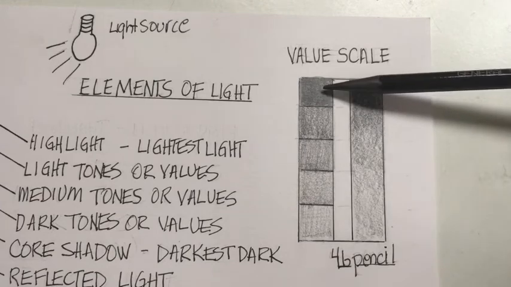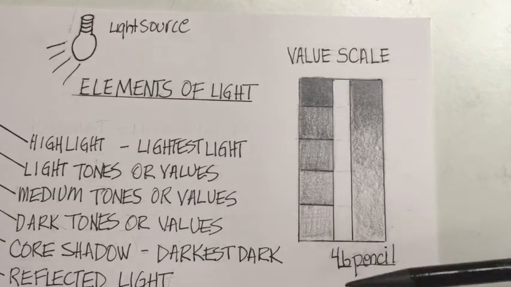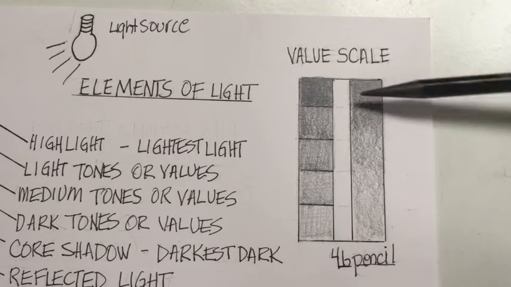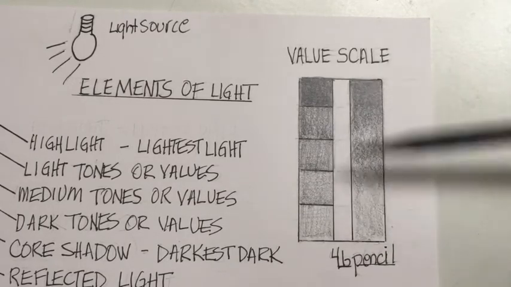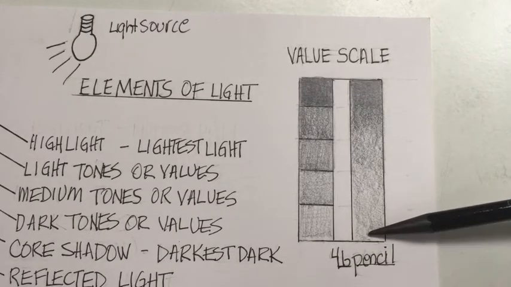You don't need to go from black, black to white, white, but you need even steps. Then you do one where you go from black to light, following the same values, but without any lines in between. So it's a smooth blending of value.